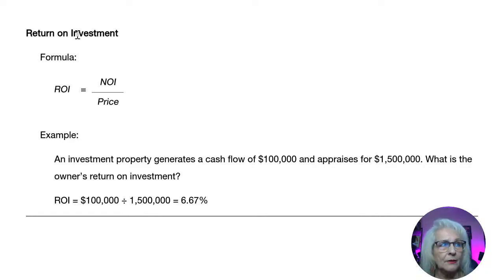ROI, return on investment, that's what investors want. They want to know what kind of return on their money they're going to get, right? Make more money. Example: an investment property generates a cash flow of $100,000 and appraises for $1,500,000. What is the owner's return on investment?